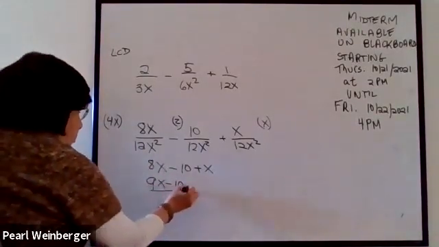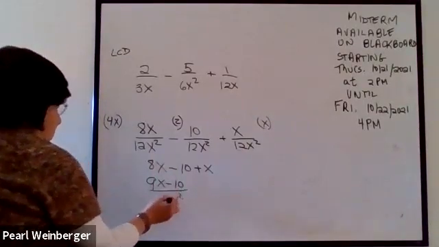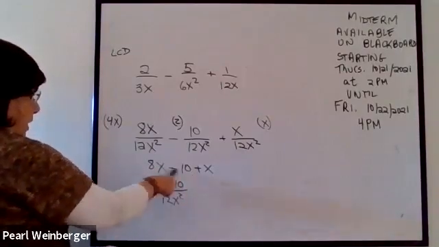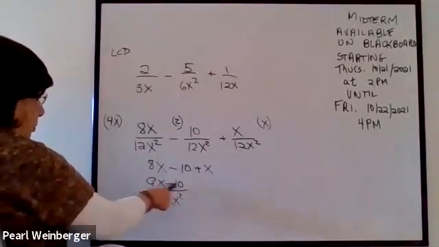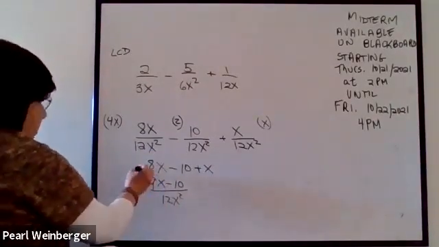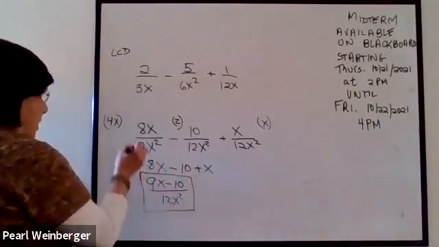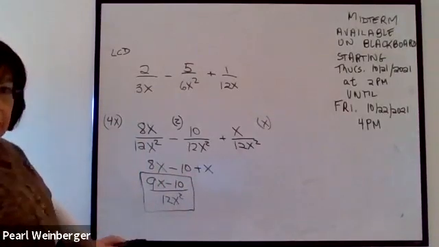And I put that over the common denominator, 12x squared. I then ask, can I reduce anything? But I can't factor the numerator, so there's nothing. This is a binomial, this is a monomial. I can't reduce that. Here is my answer, 9x minus 10 over 12x squared.